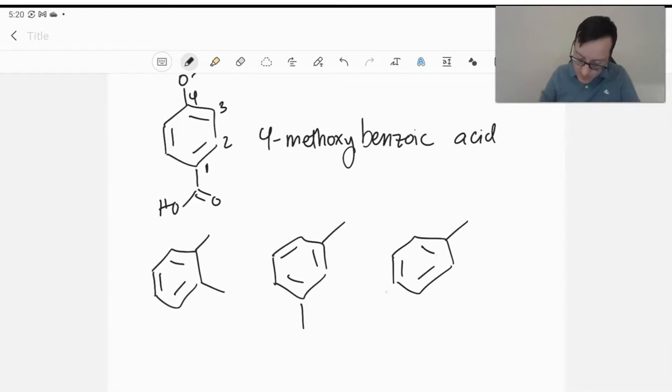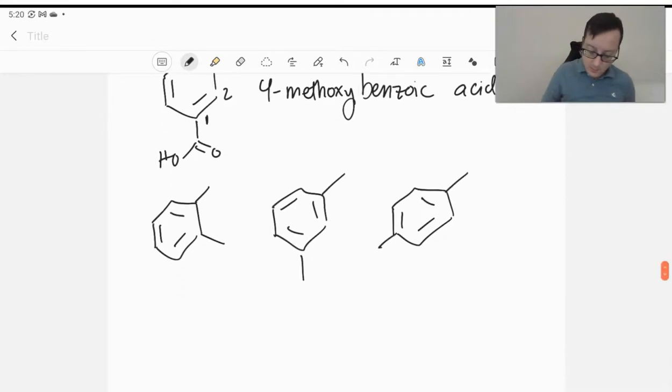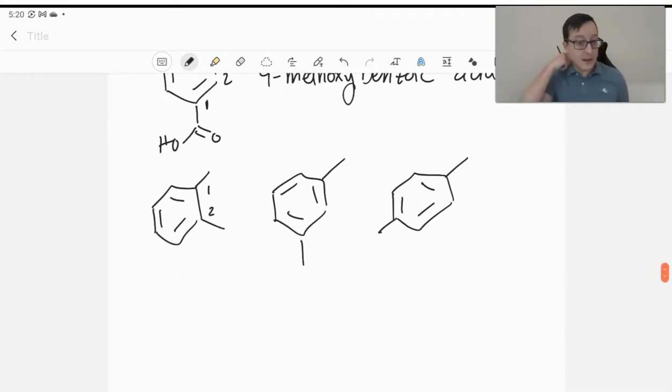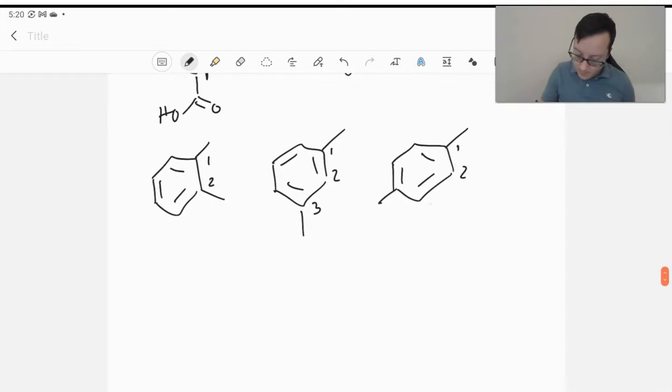We could have them on adjacent carbons, carbons 1 and 2. I'm just going to label these. Again, it doesn't matter which one you're numbering 1, and these are just for reference, right? We could call these 1,2-xylene or something, 1,3-xylene, but we have other words that we're going to describe.